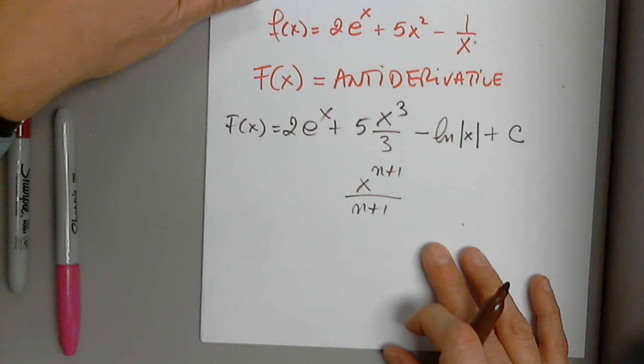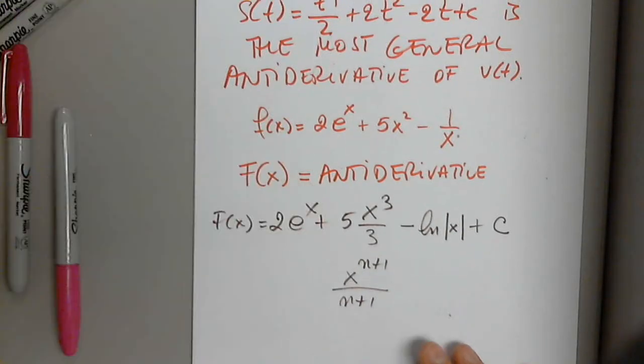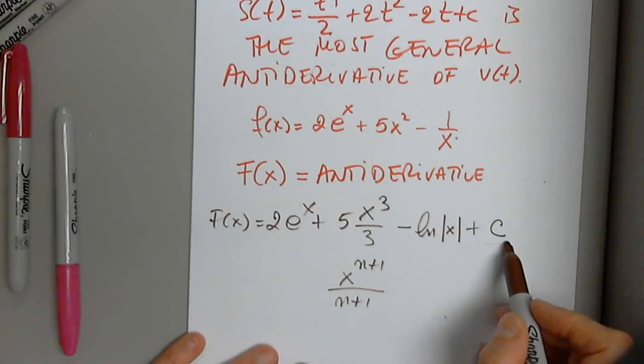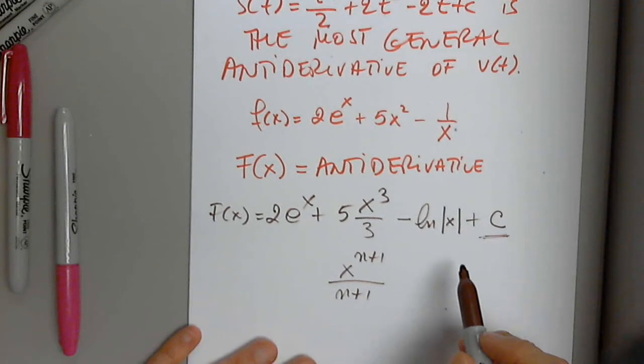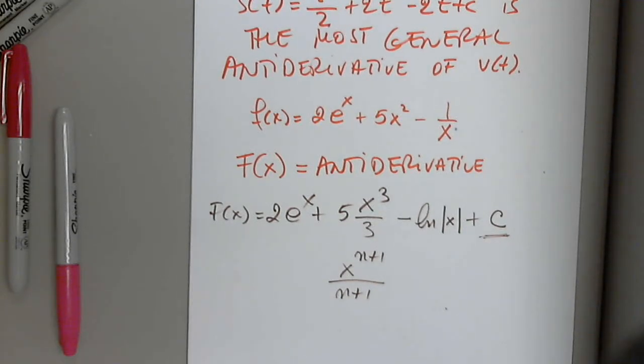Are you always going to have plus a constant? If I'm asked to find the most general antiderivative. Otherwise, it's a very good question. What happened with the constants, right? Okay. So, very good question, Chloe.